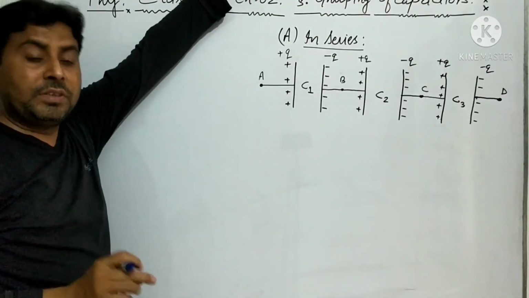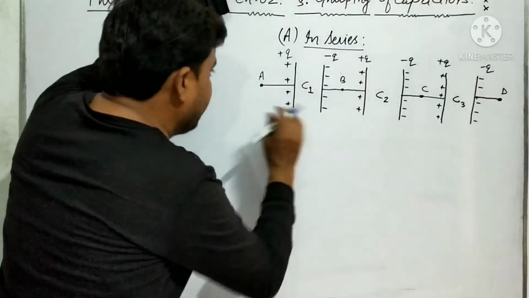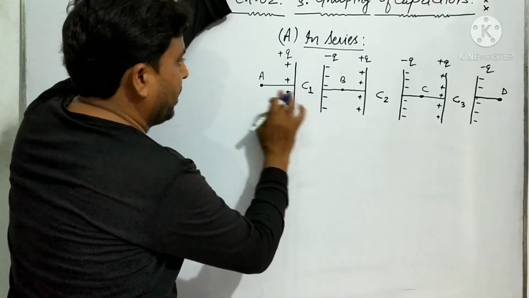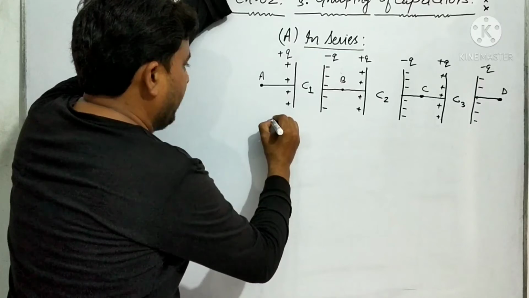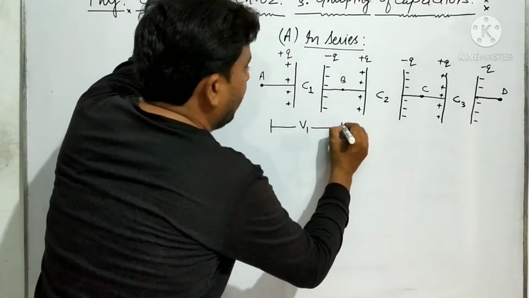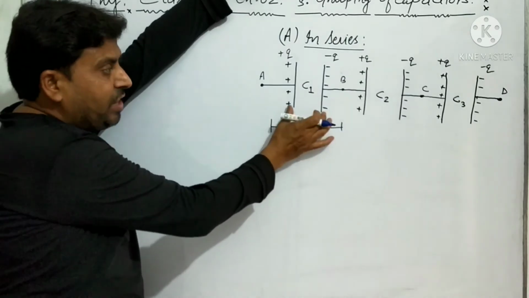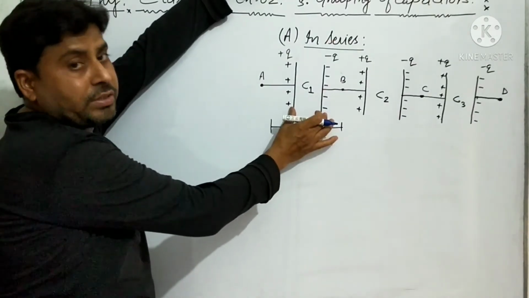But the potential difference between the plates of each capacitor, suppose first capacitor A to B, it contains the potential V1 up to here. This is the potential difference across the plates of capacitor first.